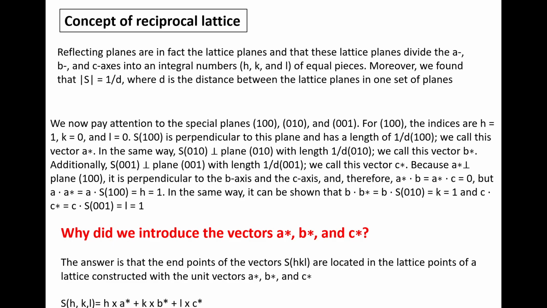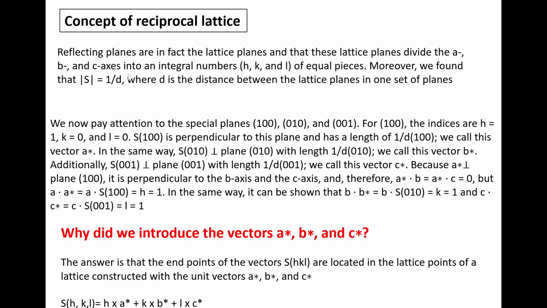Okay, so all those lattice planes will form a lattice which is known as the reciprocal lattice. In the reciprocal lattice, if you remember, we talked about the scattering vector when we were talking about scattering by two electrons, and we defined in Bragg's law that the diffracting scattering vector's magnitude is 1 by d, and d is the distance between the lattice planes in one set of planes.